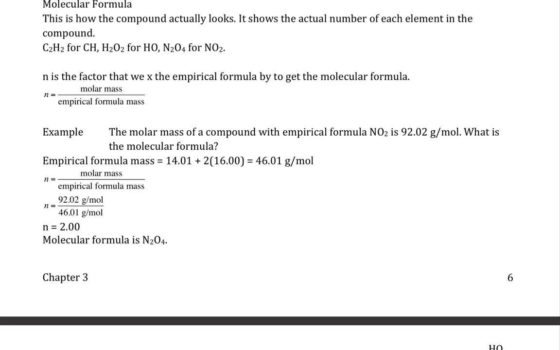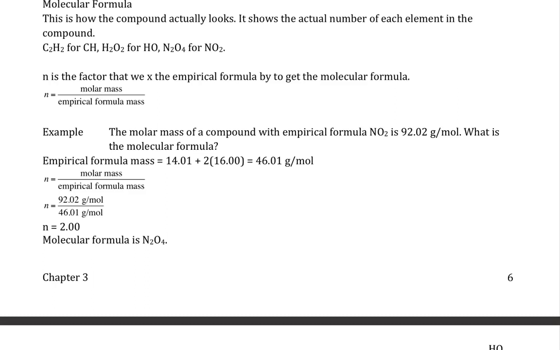The empirical formula mass is 1 nitrogen, so 14.01 plus, and there's 2 O's, so 2 times 16.00, equaling 46.01 grams per mole. So that's the empirical formula mass for NO2. N equals molar mass over empirical formula mass.